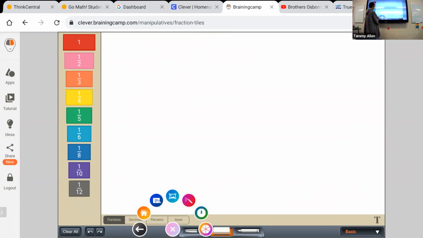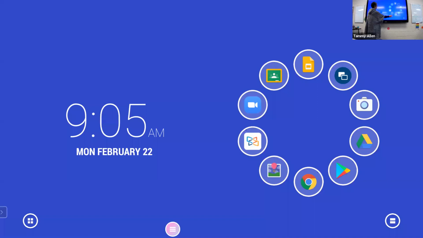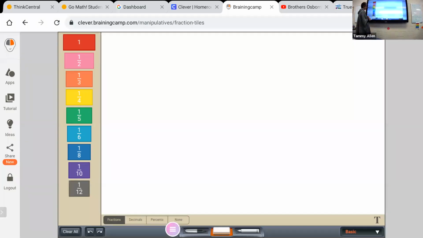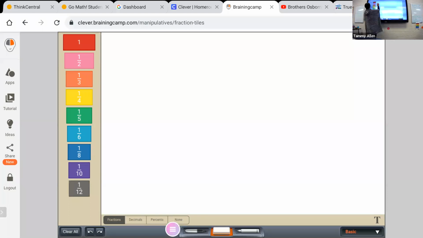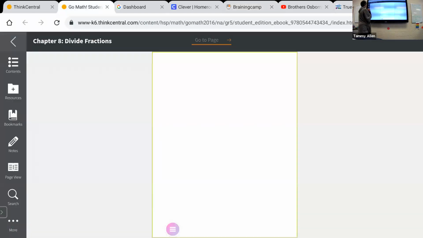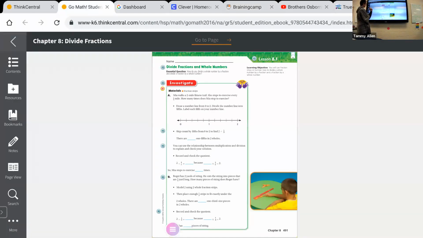Let's go back to our book. And let's take a look at B. Roger has 2 yards of string. He cuts the string into pieces that are 1/3 yard long.